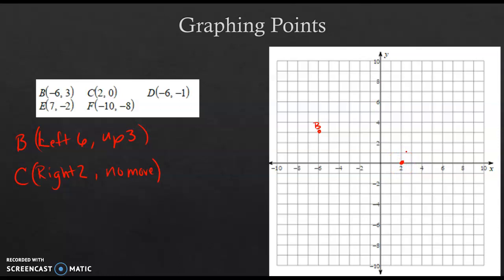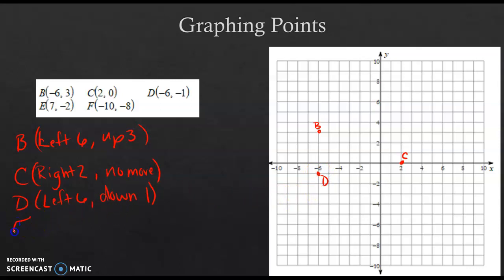And that is my point C. Point D is, since it's a -6, going to be left 6. -1 means down 1. So we're going to be left 6, down 1. And so I put a point there and label it D.